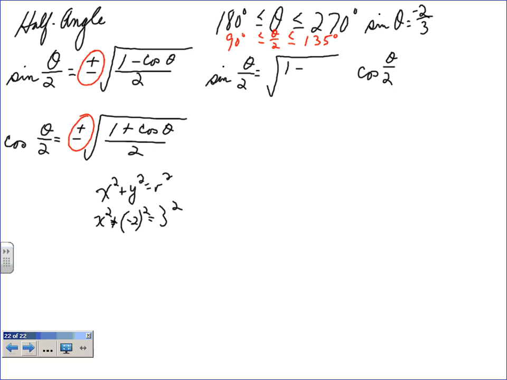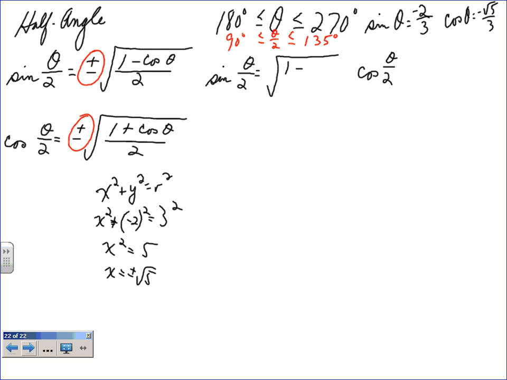Nine minus 4 is 5. X is equal to plus or minus the square root of 5. What is cosine of theta then? Is it plus the square root of 5 over 3 or negative? Negative, because I'm in the second quadrant. So we found out that cosine of theta is negative square root of 5 over 3.